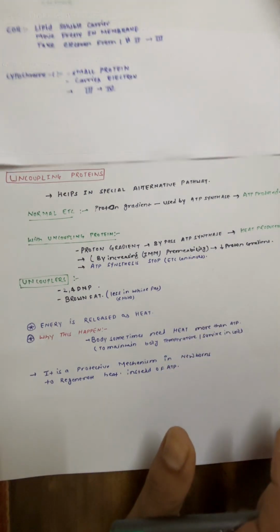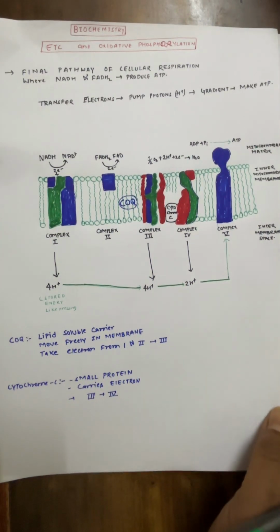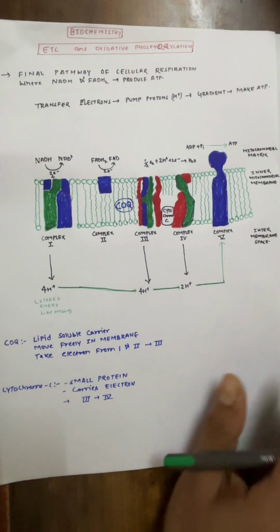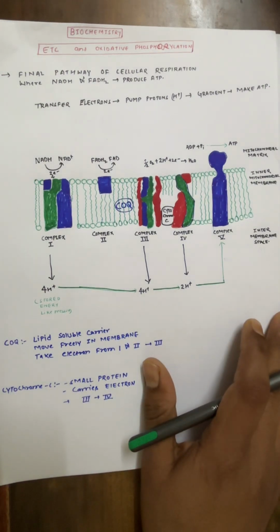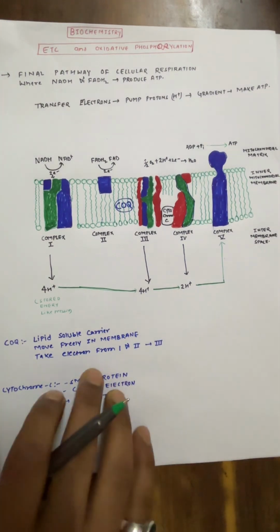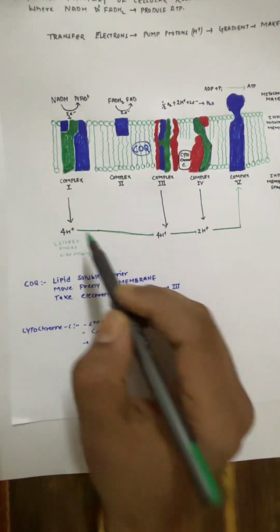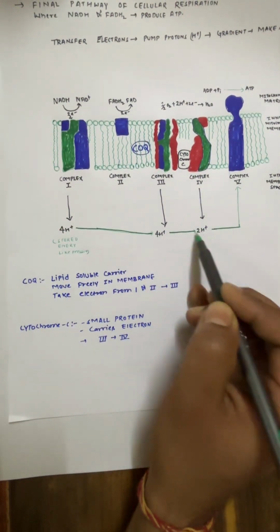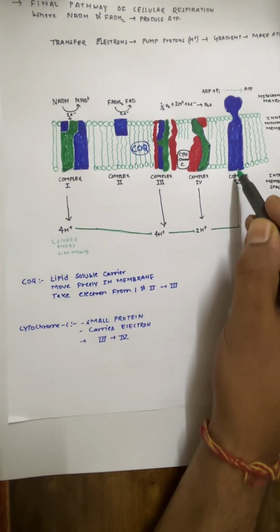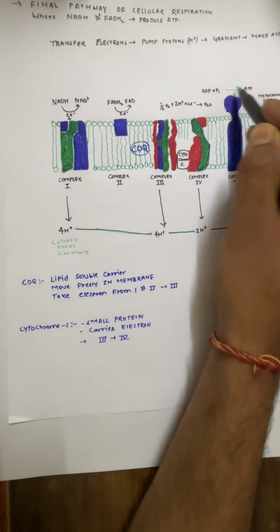We can see this in the figure. We all know the proton gradient is created and then the protons move through complex 5 and ATP is generated.